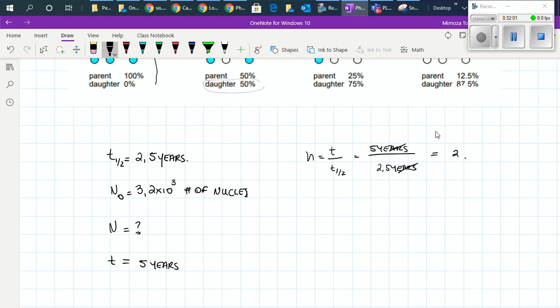Then n is 2. So the number of nuclei remaining will be 3.2 times 10 to the power of 3 times 1 over 2 to the power of 2, which is 8.0 times 10 to the power of 2 nuclei remaining after 5 years for this particular element.